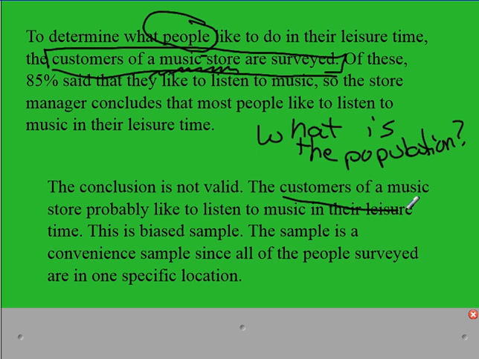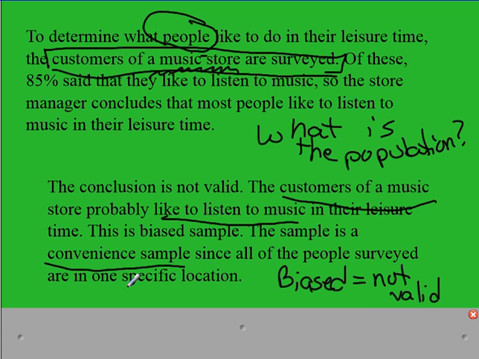The customers of a music store probably like to listen to music in their leisure time. So it is a biased sample, okay? Biased means not valid. Biased equals not valid. So it's a convenient sample once again because all of the people surveyed are just in one location.